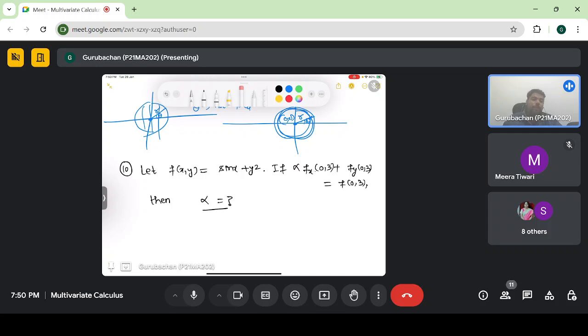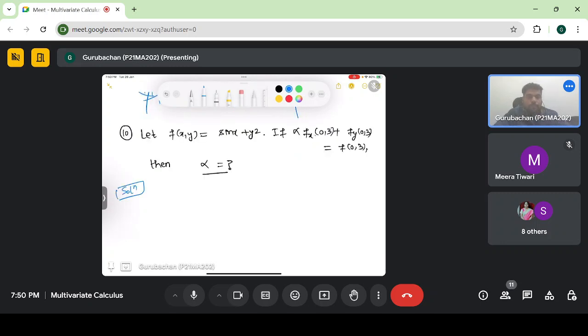We might go with the basic definition of partial derivative, or we can also go with direct partial differentiation. Then we can put the value of these points. What is the partial derivative fx?